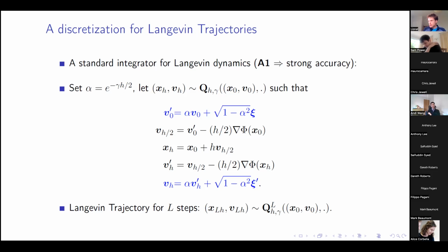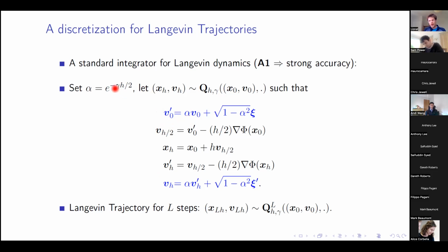And as you can see here, these 3 last steps in the middle simply correspond to this leapfrog integrator. Right? And somehow this leapfrog integrator is composed of some partial momentum refreshments of the velocity with a certain quantity alpha, that is no longer a free parameter, but is fixed by the time step and the friction gamma. Right?